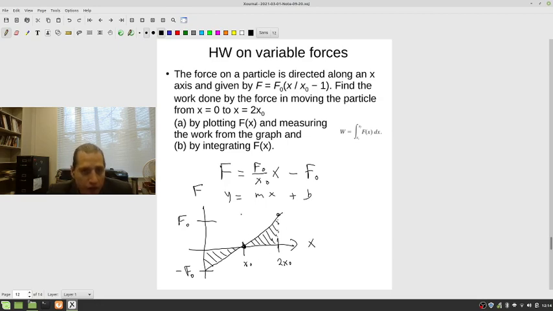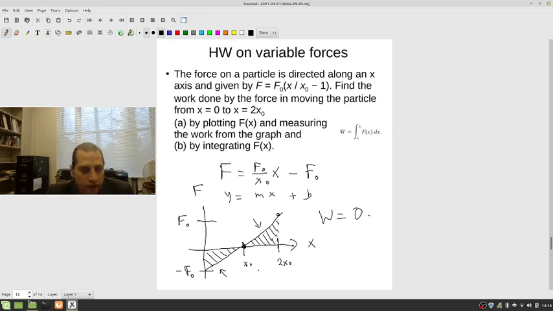Now, it's pretty obvious that this area right there and that area right there are going to be equal, but this would count as a negative area because it's underneath the axis, and this would count as a positive area, so the total work is 0.